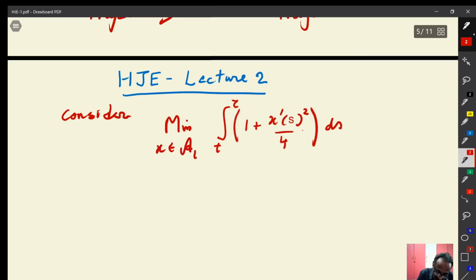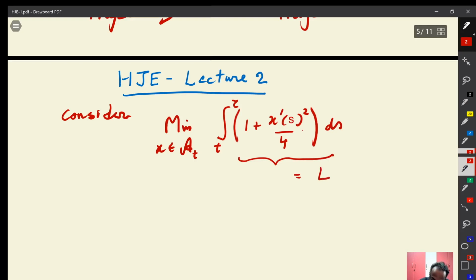You want to understand what is the minimum value. Of course, such kind of functionals you will see later. This is a functional defined with L of x prime of s, where eventually we will call L the Lagrangian.